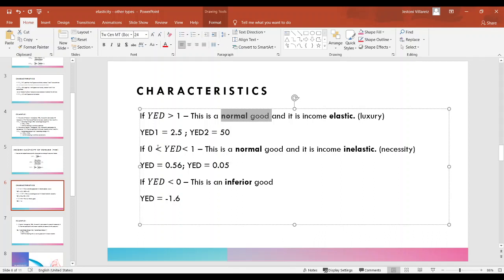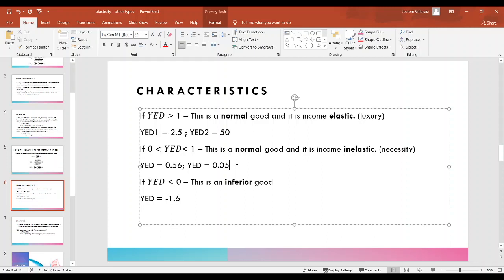Now if your YED is greater than 0 but less than 1, it is still considered a normal good. So by the way, normal goods are the goods that increase as the income increases. So if your YED is, let's say, 0.56, less than 1 but greater than 0, it is income inelastic.